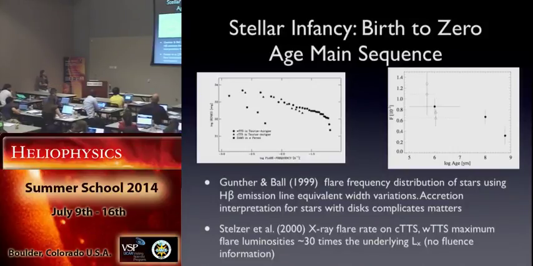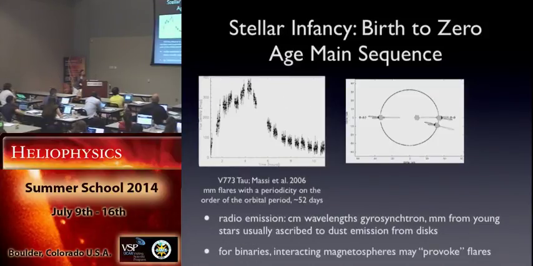It's a little more clear in the X-rays. And this plot on the right, which is maybe not so visible, shows the flare rate as a function of stellar age for stars that are in clusters of well-defined ages. Okay.